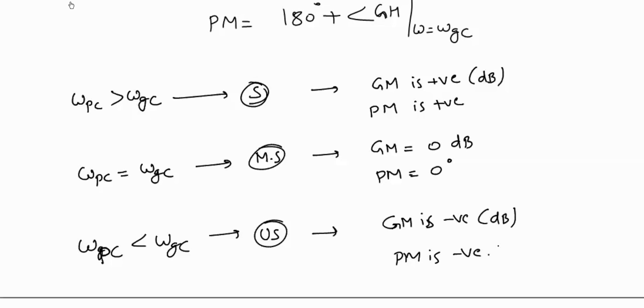By using gain margin and phase margin, we can determine the stability also. So this is all about Bode plot. Now next we'll move on to polar plots and Nyquist plot. We'll discuss polar plot and Nyquist plot together there itself.